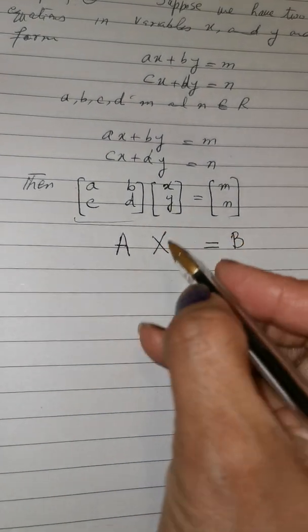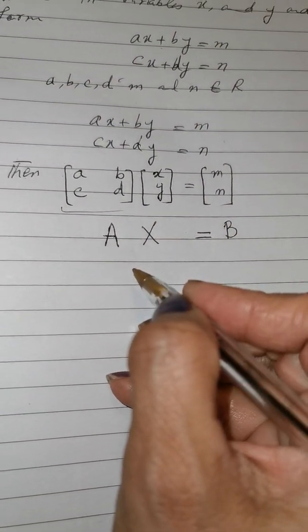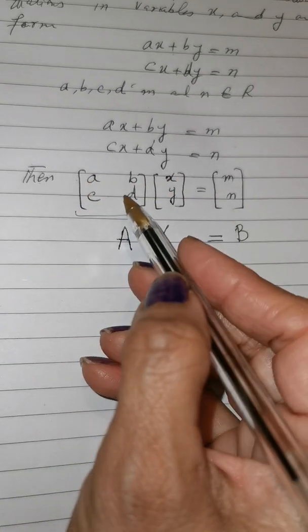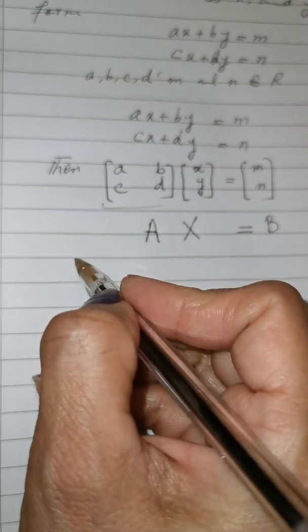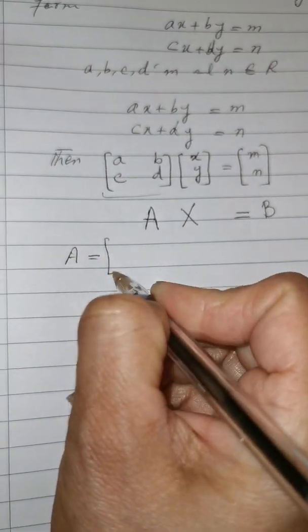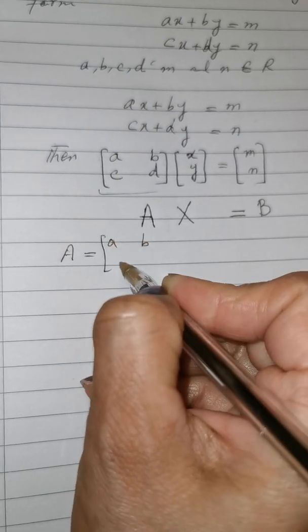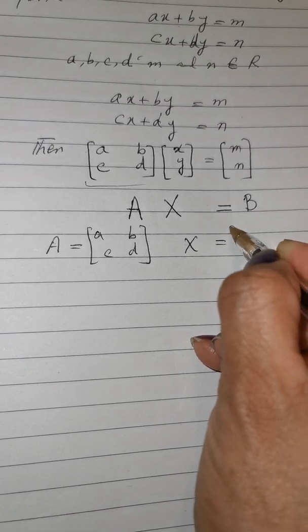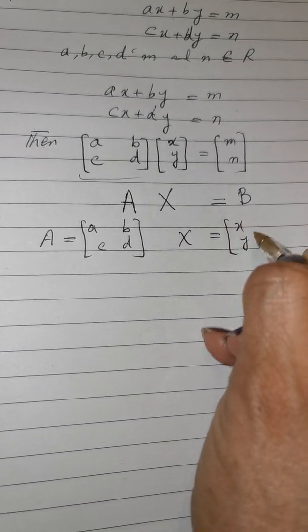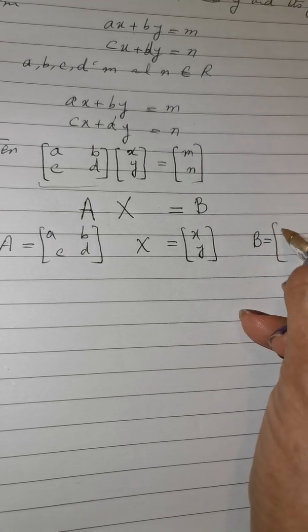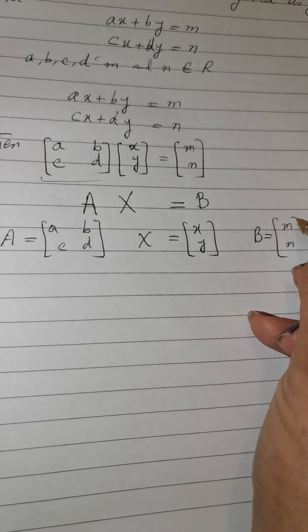Now the next step is to write the value of A, X and B. You will easily understand that the A matrix will be a, b, c, d. Our X matrix is obviously x, y, and our B matrix is the matrix of constants, which are m and n.